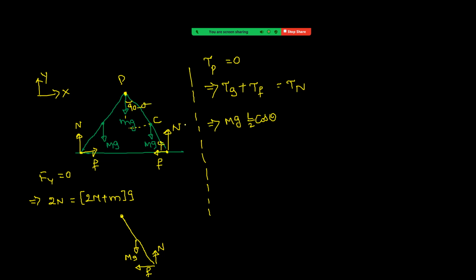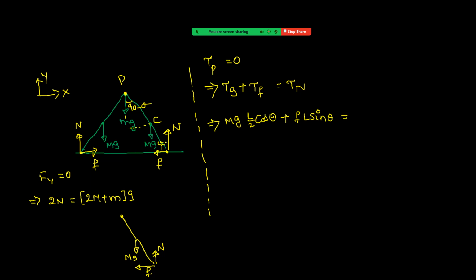It is now mg into L by 2 cos theta plus, because of friction, it is F into, see what we get, F into L sine theta, right?